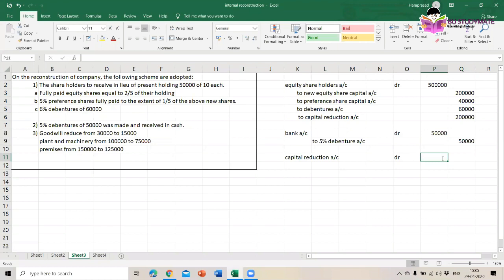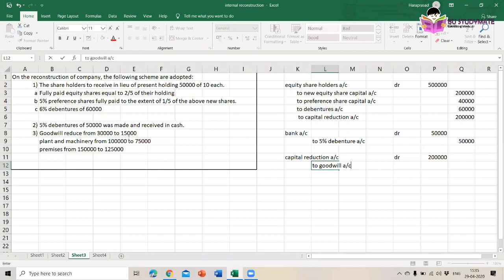Okay, from this 2 lakh rupees, we are going to reduce goodwill. How much do we need to reduce? From 30,000 to 15,000.